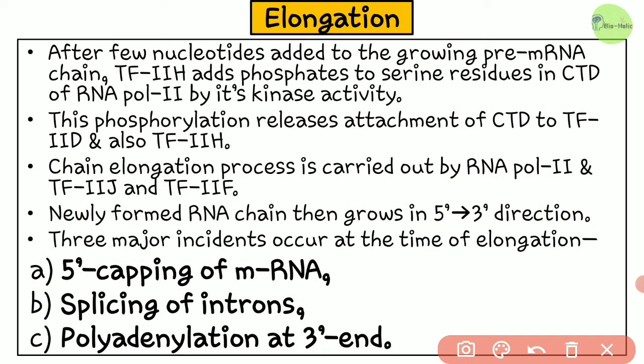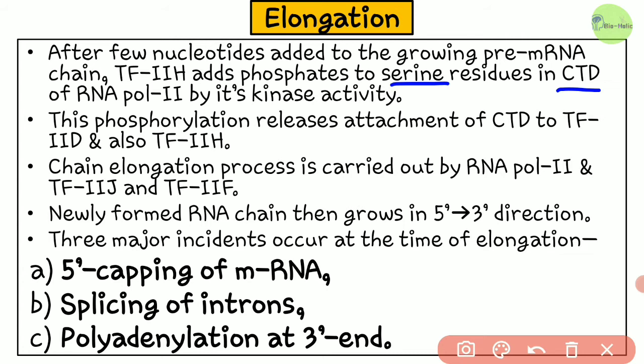Then in the next step, the elongation step, after a few nucleotides are added to the growing pre-mRNA chain, TFIIH adds phosphates to serine residues in the carboxy terminal domain of RNA polymerase II by its kinase activity.